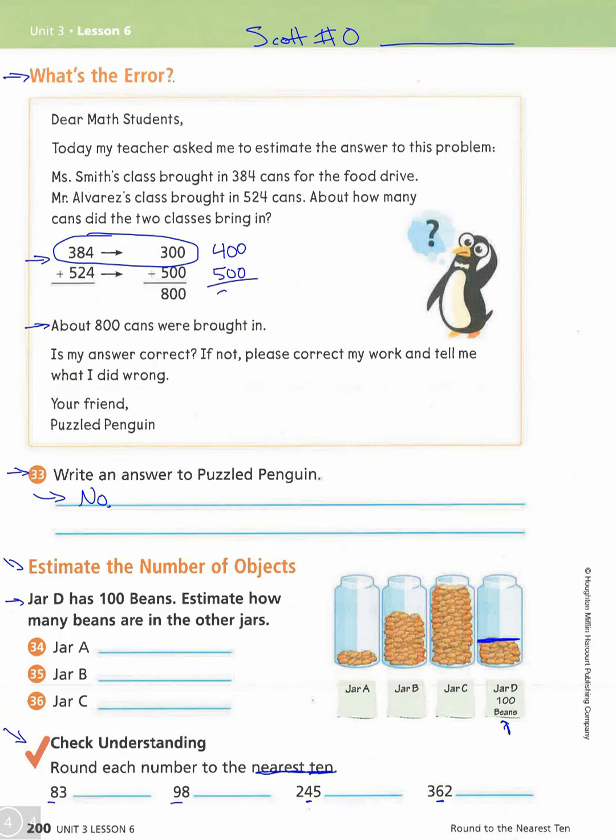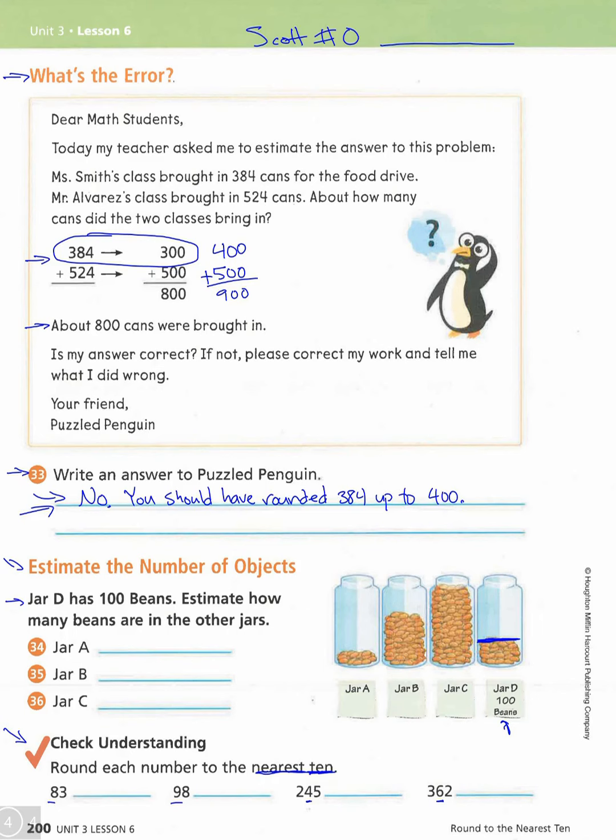So instead of 800, he should have got 900. So down here on number 33, you should have rounded 384 up to 400. I'll see if you got that.